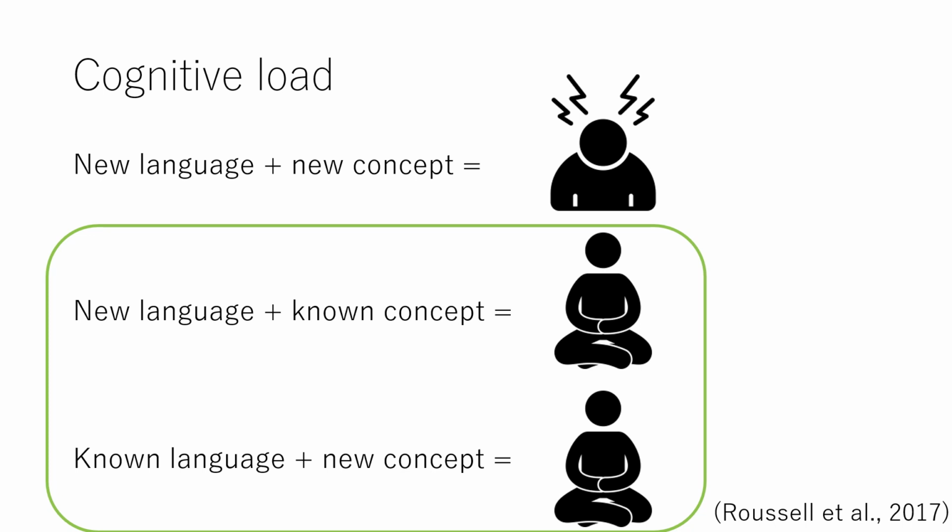So new language connecting to things that students already know, or the opposite, using language that students already know, but maybe introducing new ways of using it, new concepts. So with conversation strategies, probably most of the time we're trying to aim for this bottom one, right? We're trying to give students new ways of navigating the conversation using language that they mostly already have.